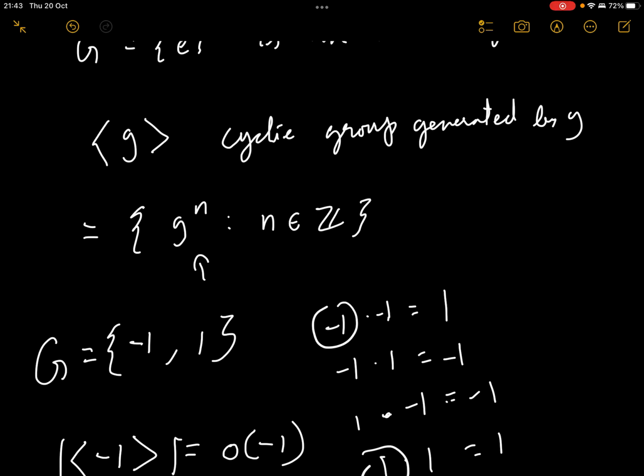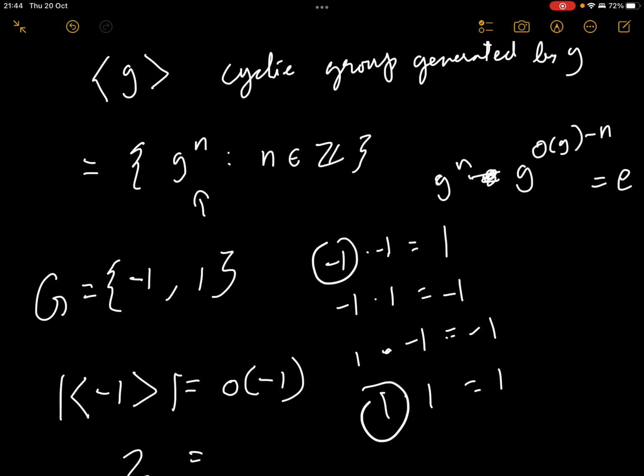There is an inverse, because if we know the order of the group, then g to the n, which is an element of the group, multiplied by g to the order of the group minus n, would give you the identity element.